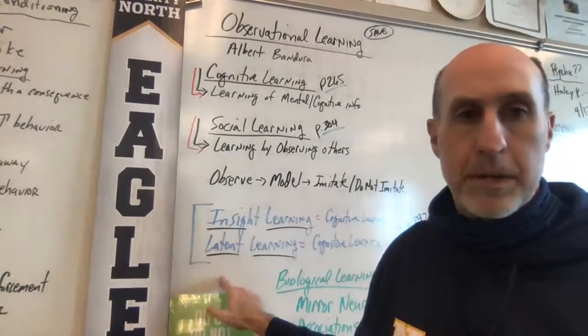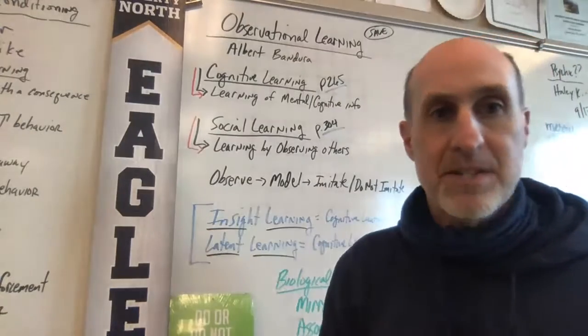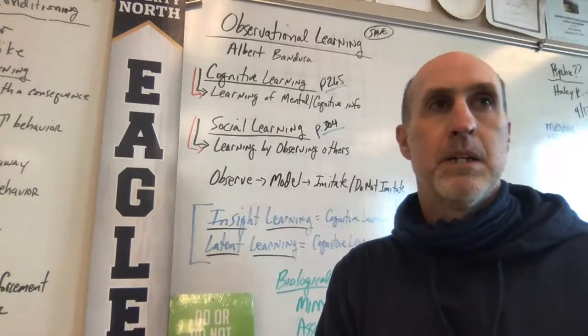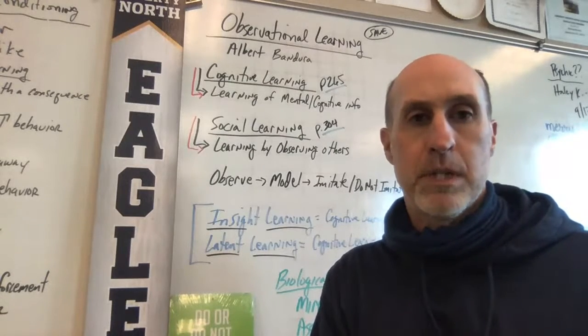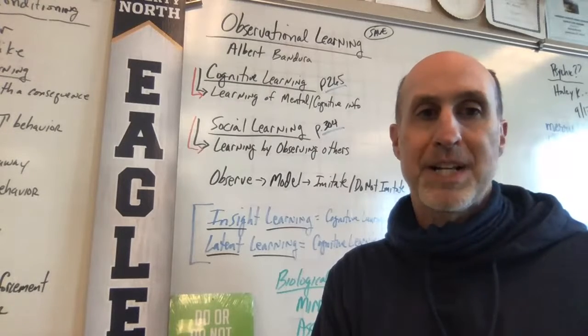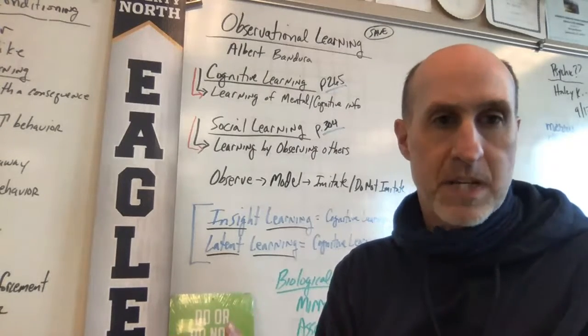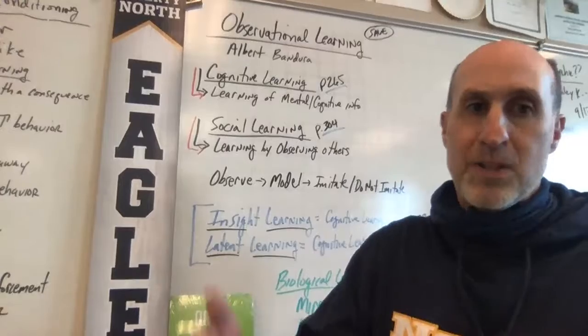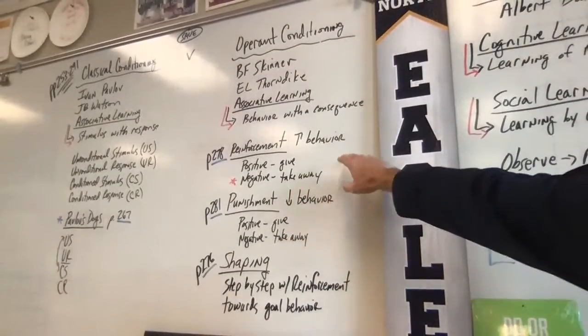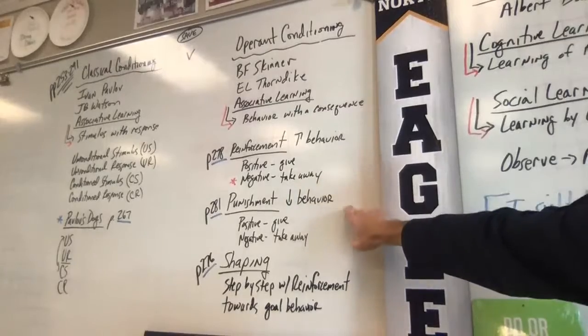Which is latent learning. Now, education is based on an example of latent learning, and that's with tests and quizzes. When you cover a certain chapter or a unit, you're learning, hopefully, but you're not going to demonstrate it until the test or quiz is given, because then you need to demonstrate it. But then also, it can relate to operant conditioning. You're reinforced for doing so, and you're punished if you don't.